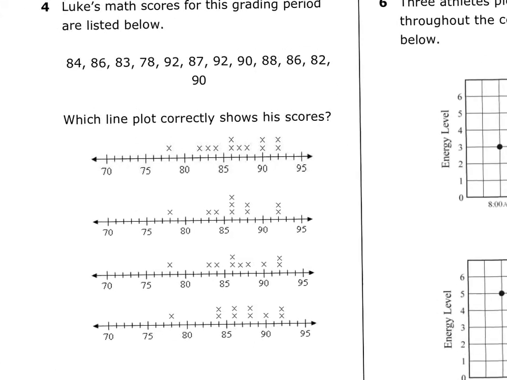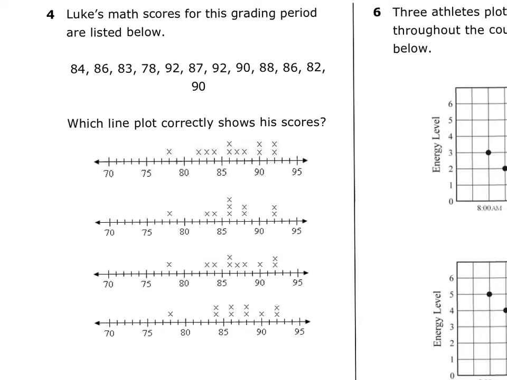On number 4, we want to know which one of these line plots correctly shows Luke's math scores that they give us. Well, if we look at every one of these, what's the smallest number that's represented on every graph? 78. We can see the 78 up here.